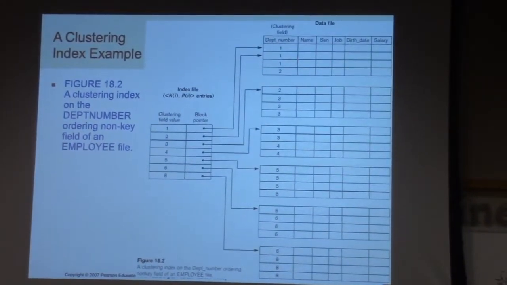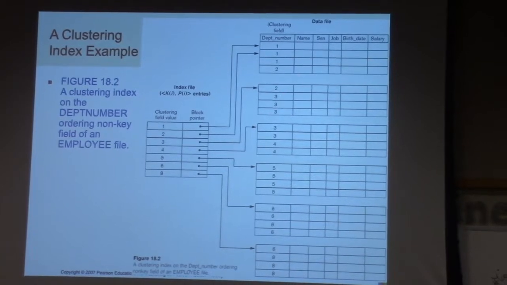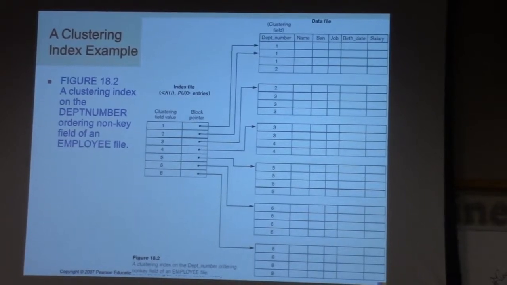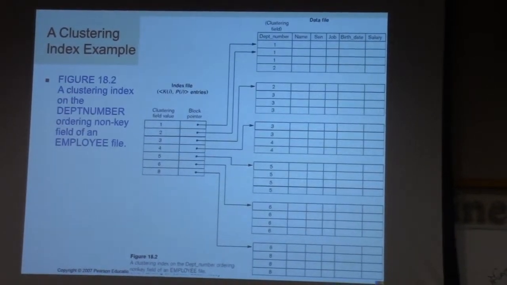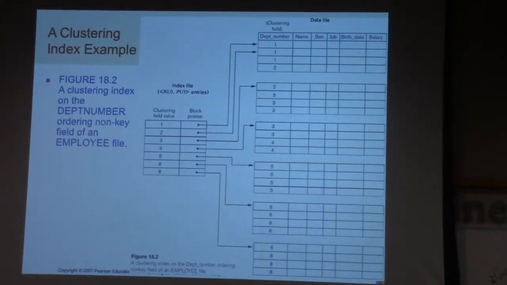The employee file is like this: DNO 1, 1, 1 and employee information, then 2, 2, 2, 3, 3, 3, 4, 4, like that. This is an ordered file, but ordered by a non-key.